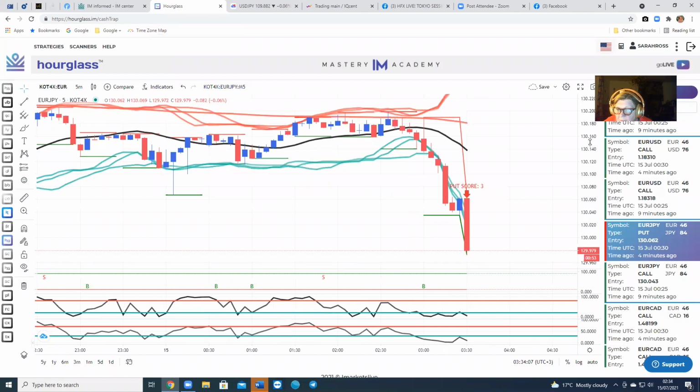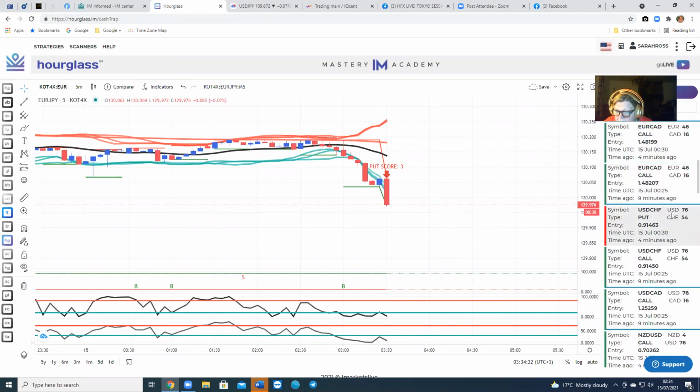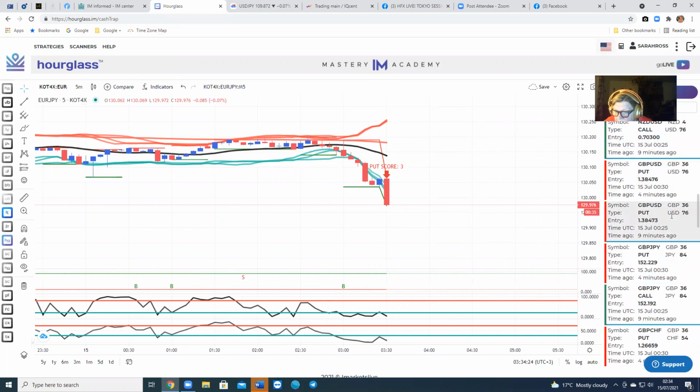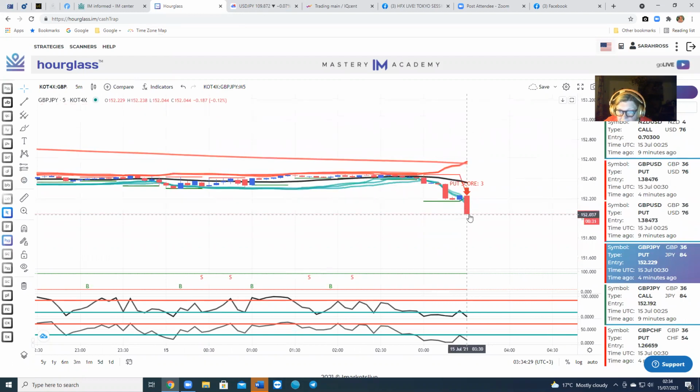Euro 46 to 84 on the N, another big candle there. We need pullbacks. See if I can get something for the 45, 36 to 84. It all moved at the half hour.